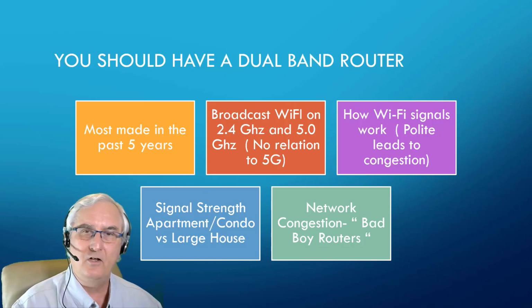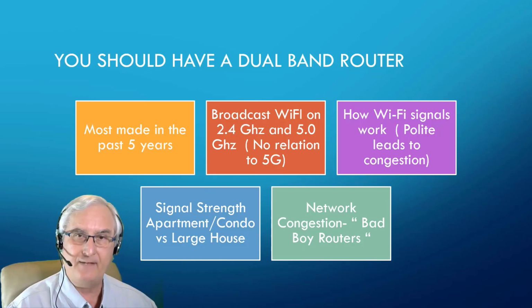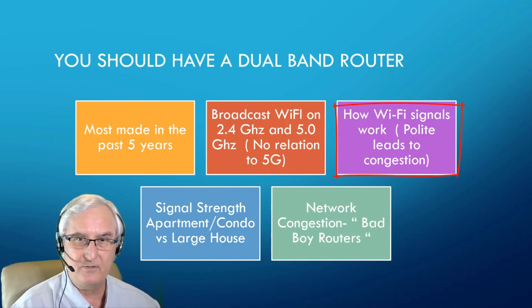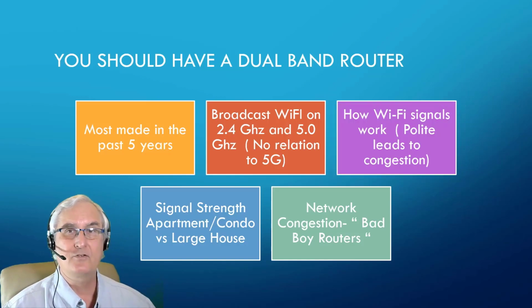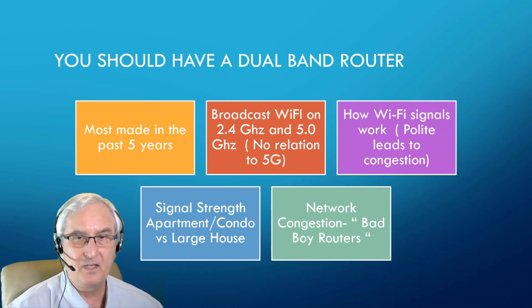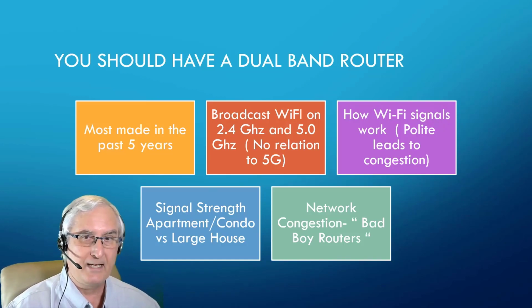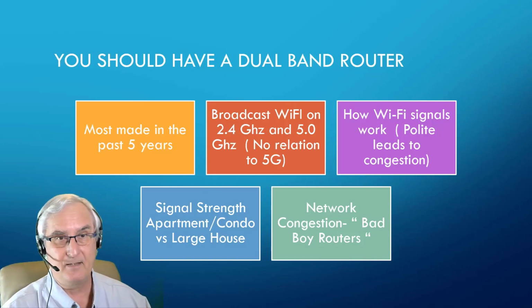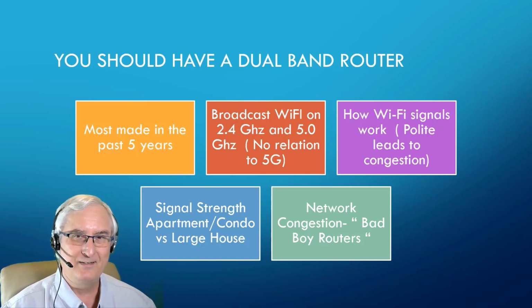Now, you need to know how Wi-Fi signals work. If I have a router at my house and you have a router next door, and our Wi-Fi signals are broadcasting, there's obviously going to be some collision. The problem is this: if my signal is going out and going by your house, and the two collide, my signal says to your signal, "Oh, excuse me," and your signal says, "Excuse me."